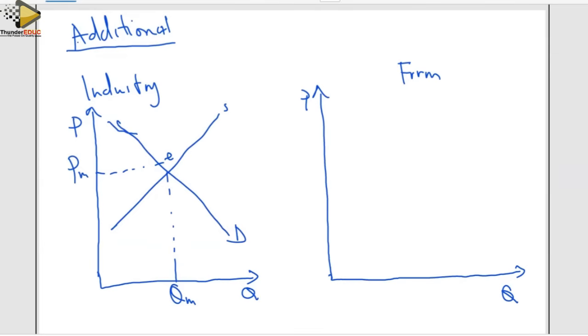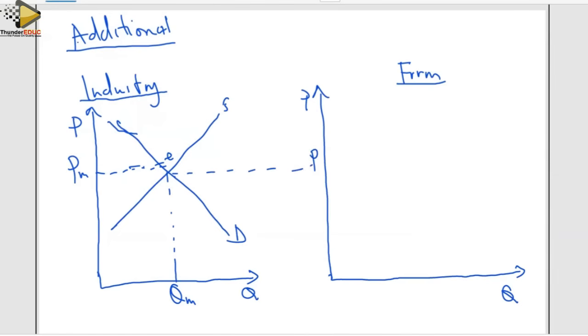For the industry, rather, the whole industry is affected by the interplay of the forces of demand and supply. We are saying these businesses here, they are price takers. They don't have the market power to determine the price. So they are supposed now to accept the price from the industry.